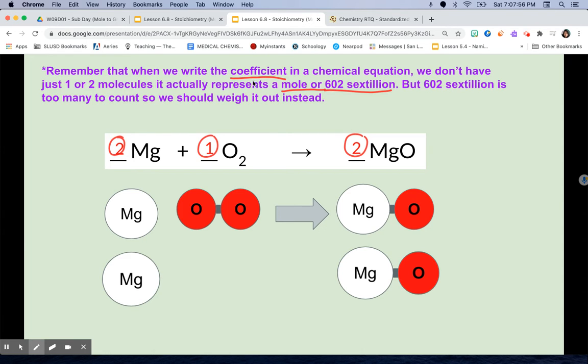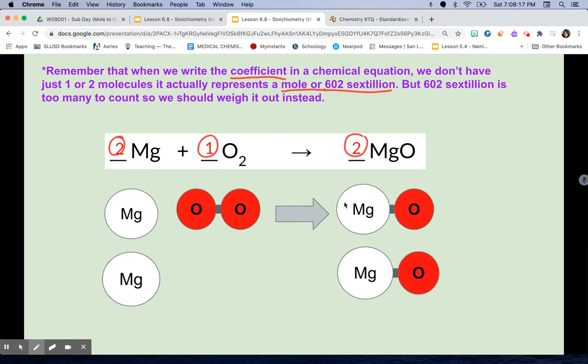So this part is another part of review, and I also want to remind you that when we write the coefficients in red up in front, this doesn't mean we have just two Mg's and just one molecule of O2 to make two molecules of MgO.